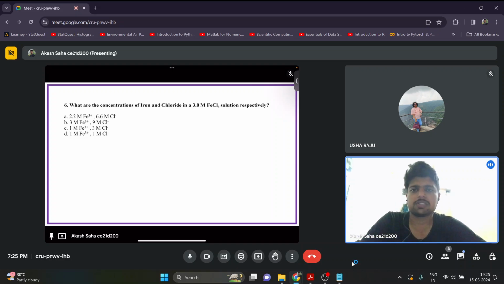There are 4 options here and 3 molar ferric chloride is given. So for iron and chloride we have to find out the concentrations in molars.